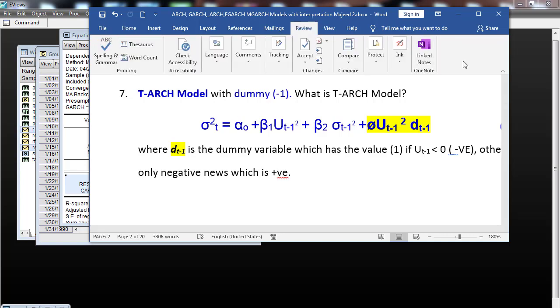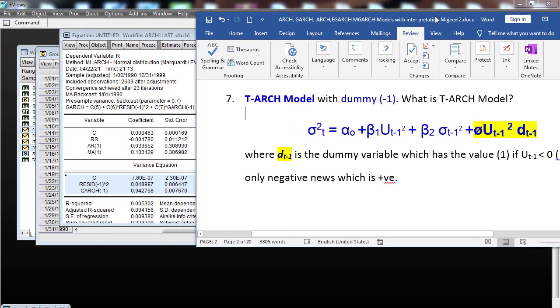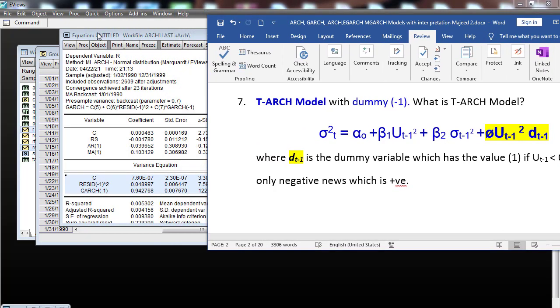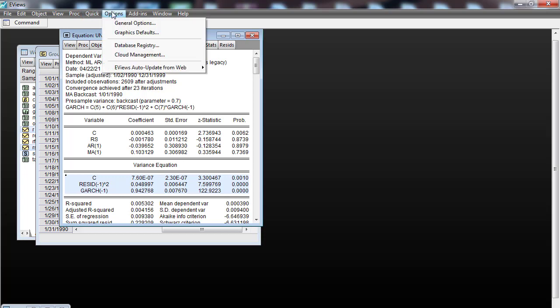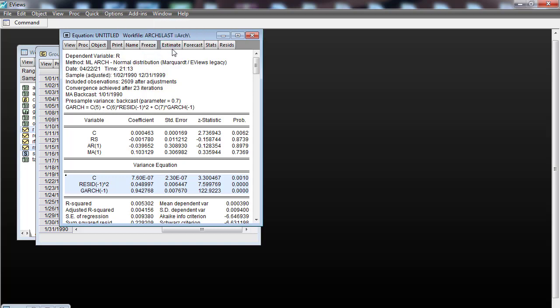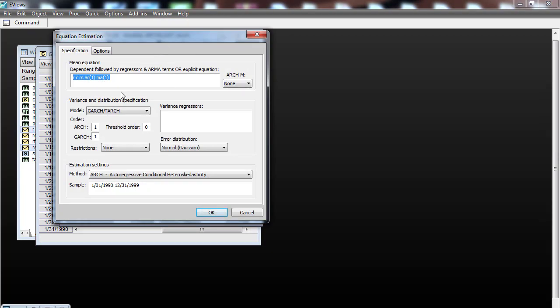So let me go to eViews, and then we explain the terms of the TARCH model. I'll go to estimate, and this is the equation for GARCH.